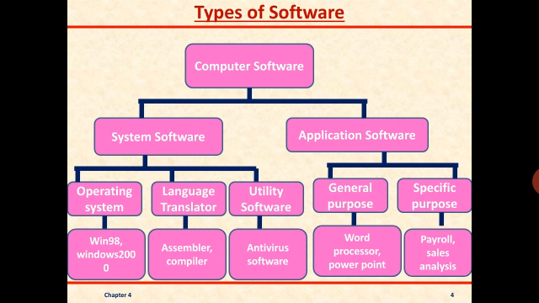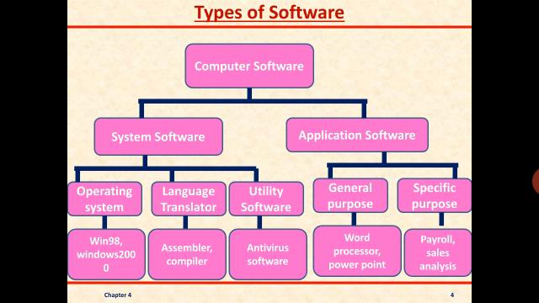The operating system examples given here are Windows 95, Windows 2000, etc. Language translator examples are assembler and compiler, and the utility software example is antivirus software. In general purpose software we have given examples such as word processor and PowerPoint, and for specific purpose we have taken payroll, sales analysis, etc.